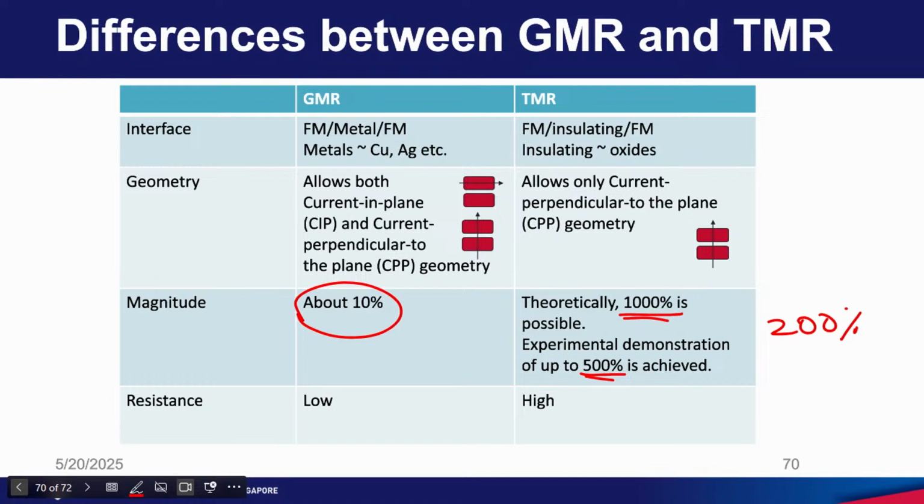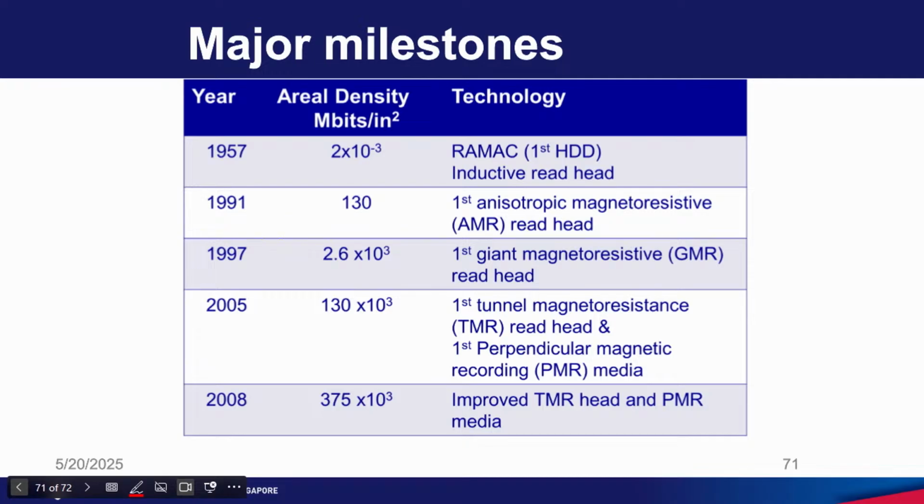Okay, the resistance variation is large here, and the resistance itself is large in the case of TMR, because we are looking at current flowing through an insulator, right. So, the resistance of the TMR sensor is usually high. Okay, so if you look at the industry introduction, we learnt about AMR, which was introduced in the 1990s. We learnt about GMR, which was introduced somewhere around 2000.